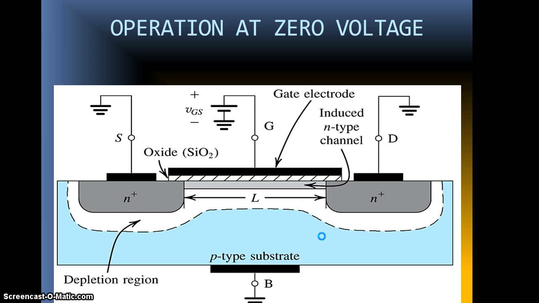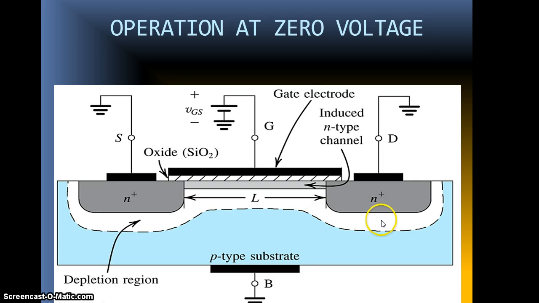Okay, so operating an NMOS type of device at zero voltage. The MOS structure forms a parallel plate capacitor with the gate oxide layer in the middle. So this is the gate oxide layer, and this forms a parallel plate capacitor with a length L. Two PN junctions are formed, one between the source and the body interface here, the other between the drain and the body interface here.